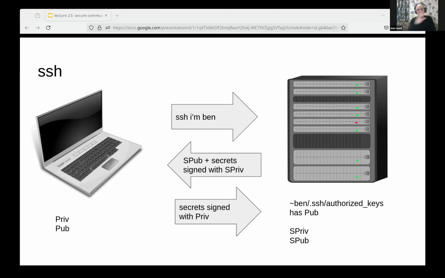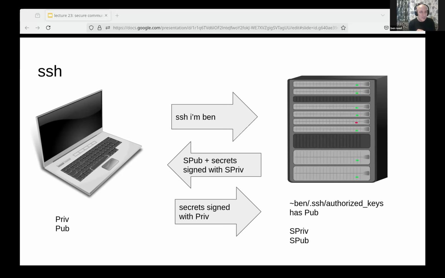So if I SSH to my super server, my client needs to know the public key of my super server. But when I first communicate with my super server, it doesn't know, right? If it's the first time I'm talking to a server, the SSH program does not know the public key of the remote server. We have the key distribution problem.